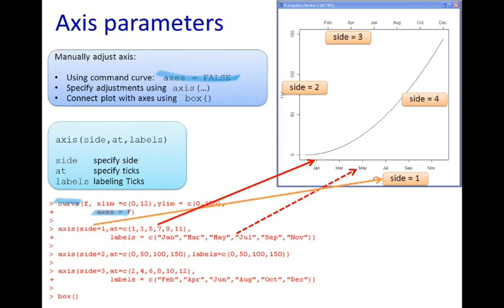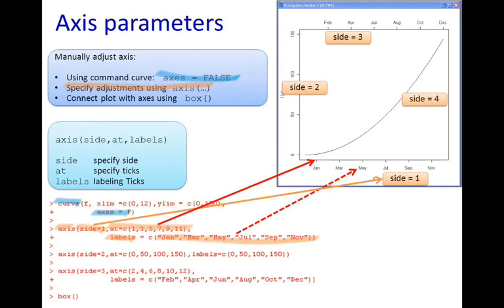The next step, you can specify adjustments using the axis command. This is shown here. So axis, you have to specify which side corresponds to the orange numbers here. You have to specify the so-called ticks, like at what x values you would like to have the labels, and then you specify the labels here, for example, some months.